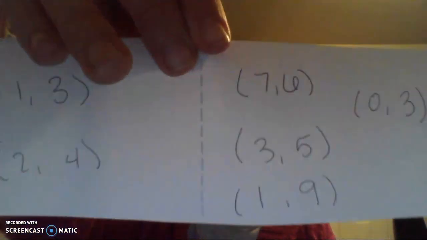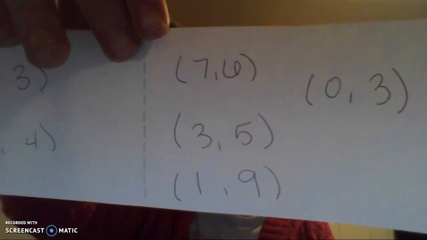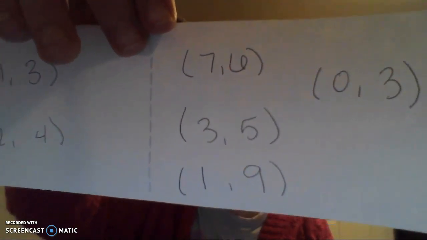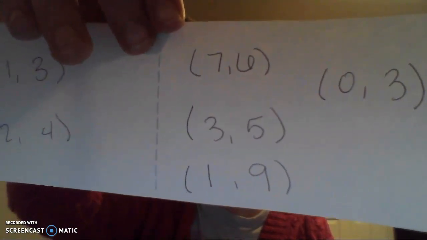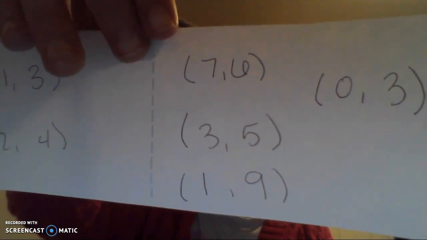Now, here are the other ordered pairs I would like you to find. 3, 5, 1, 9, and 0, 3. Pause the video if you need to write these down. Once you have plotted them, I would like you, if I am not busy, to come show me, because I have the answers, or find someone else that is watching the same video and see if they get the same answers.